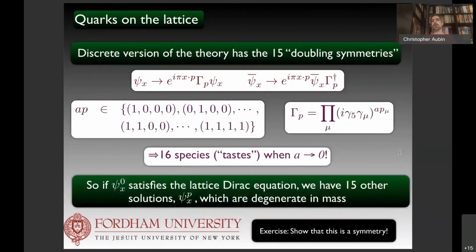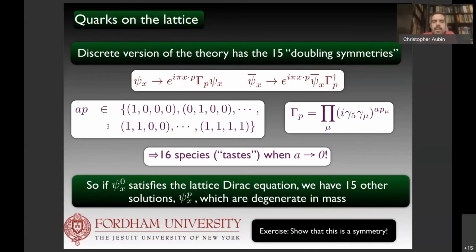But here's the weird part about quarks on the lattice. There's a weird symmetry that arises in our theory. If I take my fermion field psi, for a single quark, let's say an up quark, and multiply it by this matrix, the phase factor e to the i pi x dot p times this capital gamma, which is basically a product of those gamma matrices I've talked about, where p has one of 15 possible values.